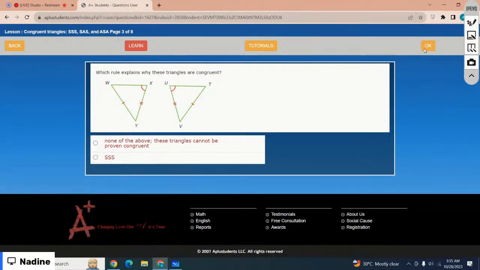Okay, which rule explains why these triangles are congruent? Which is the correct option?